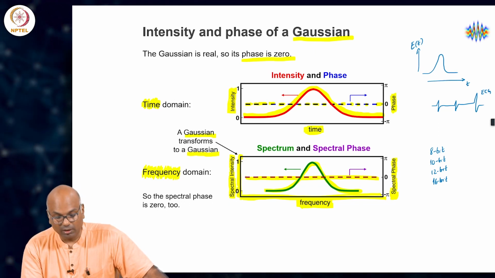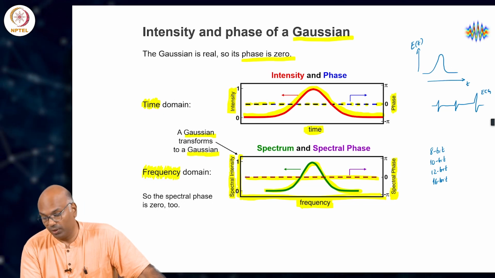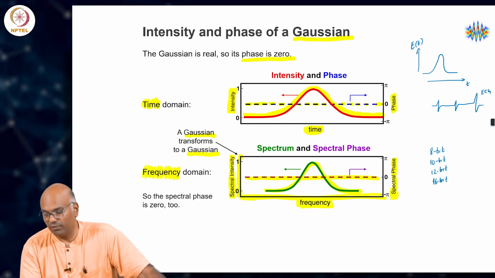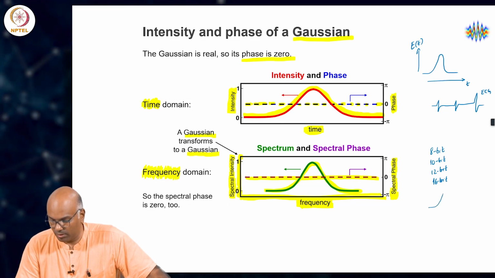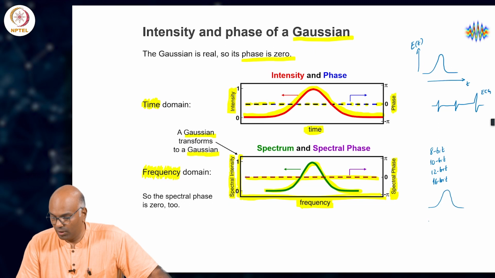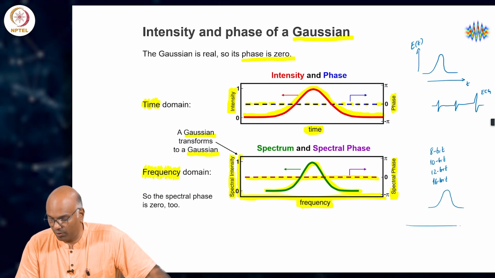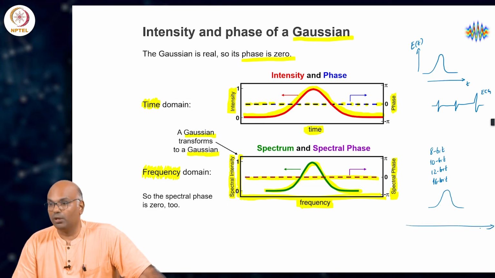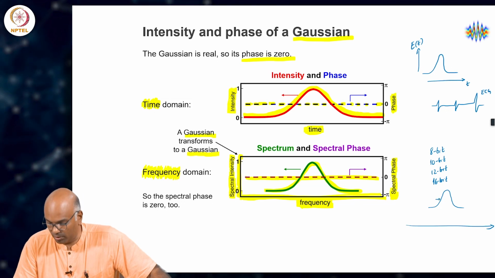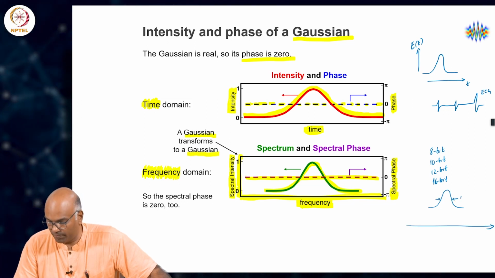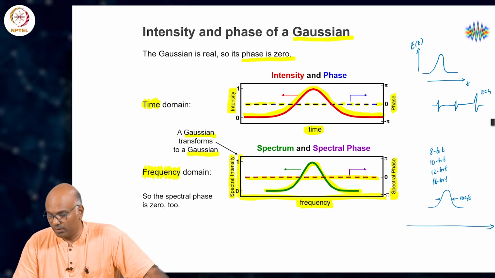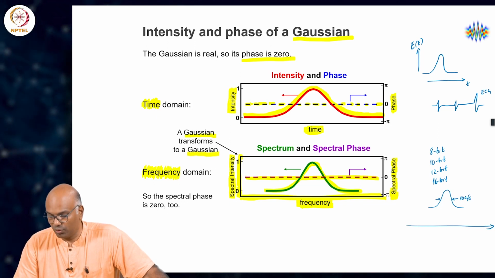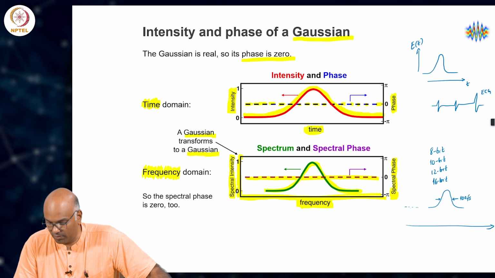Just to give you an example, it may be a little far fetched, but think about this. We are very fond of describing ultra short laser pulses as Gaussians. Let us say this width, FWHM, is 100 femtoseconds. So, what is this the width of? This is the full width at half maximum.